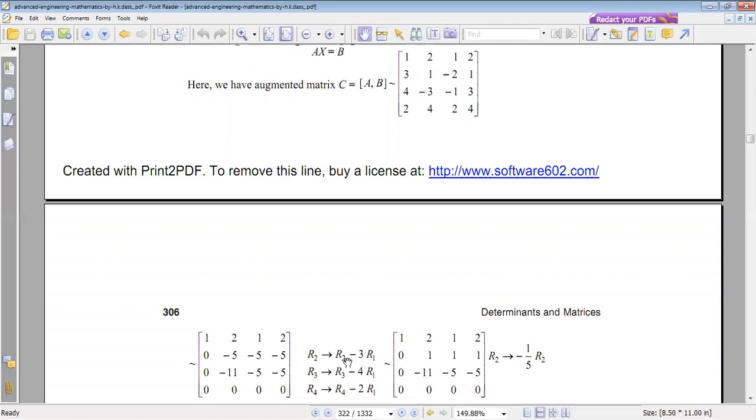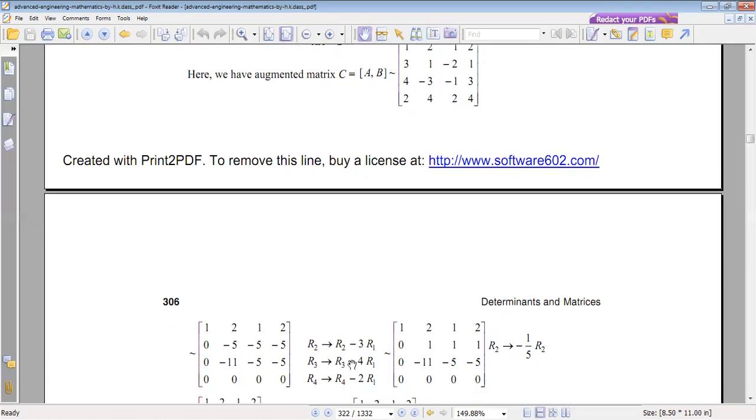By doing this calculation, we got 0, minus 5, minus 5, minus 5. Again, row 3 tends to row 3 minus 4 row 1. Similarly, we got this also equal to 0. Okay. Again, row 4 tends to row 4 minus 2 row 1.